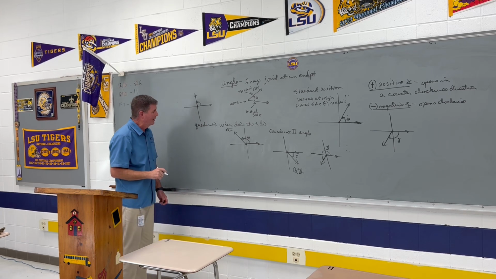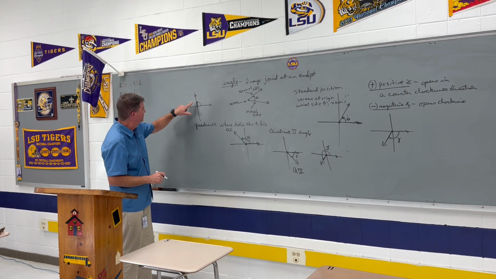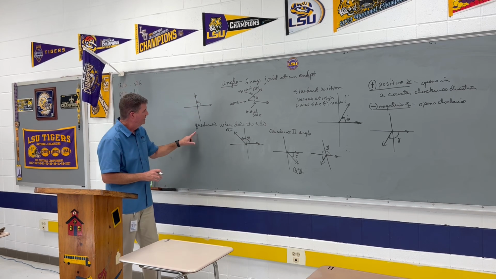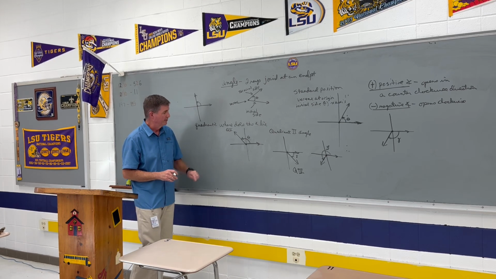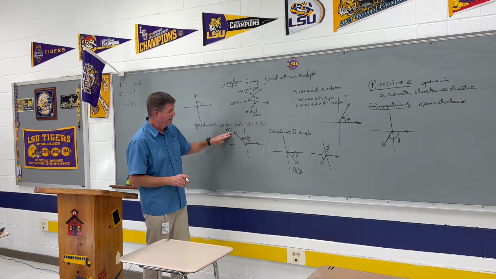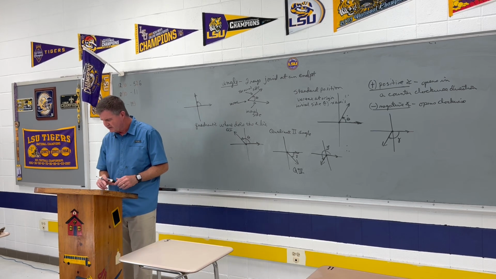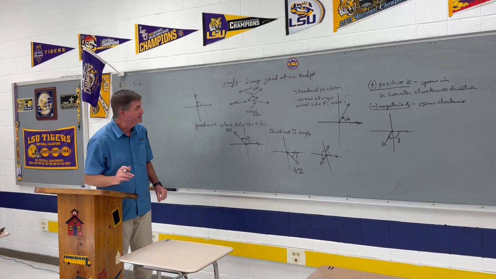So if the terminal side is on the positive y, the negative x, or the negative y, it's just said to be a quadrant angle. But if the terminal side lies in one of the quadrants, it's called a quadrant, whatever quadrant the terminal side lies in, angle.